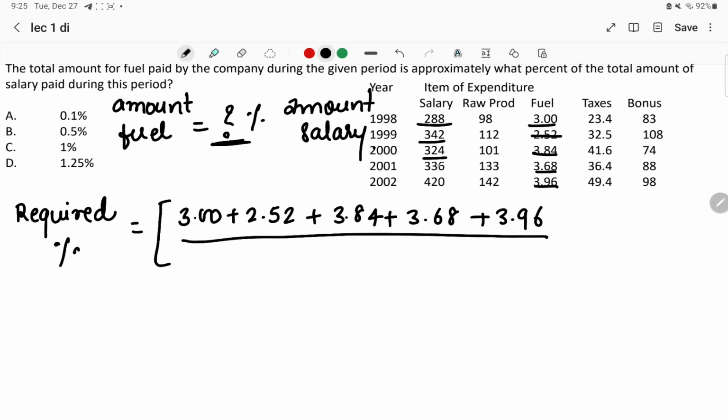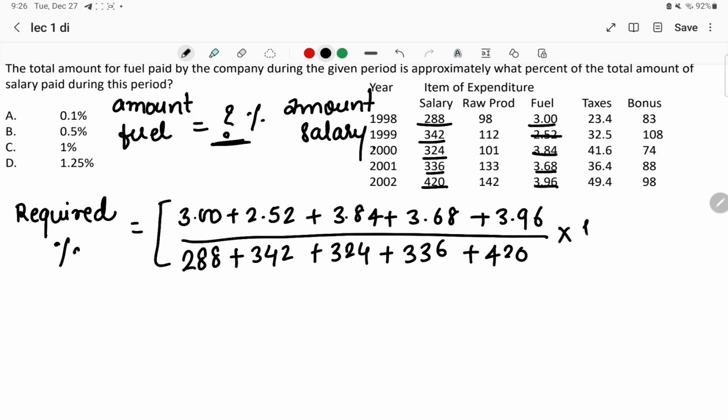Total salary, that is 288 plus 342 plus 324 plus 336 plus 420, into 100 percent. Got it? I'm hoping you have got it. We have to find the percentage, that is, the amount of fuel paid by the company is what percent of the total salary. So simply add all the fuel, divided by total salary, into 100 percent is the required percentage that we are going to calculate here.